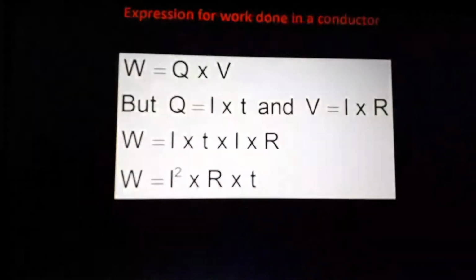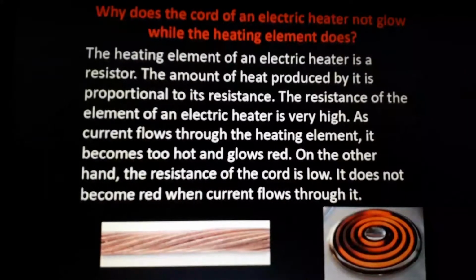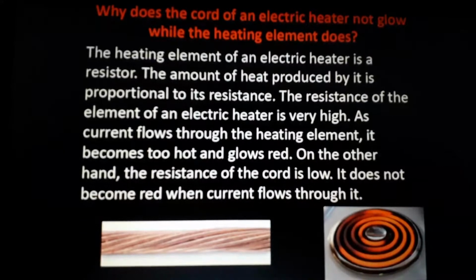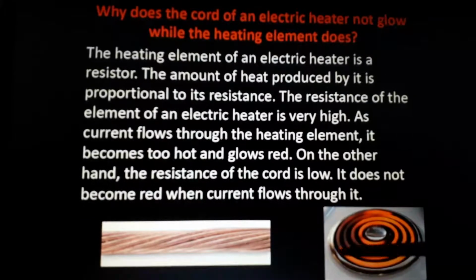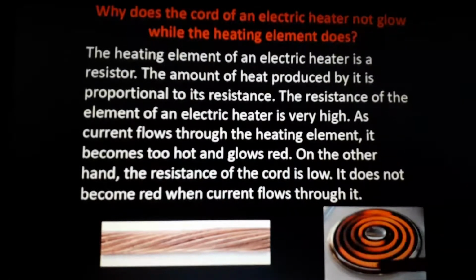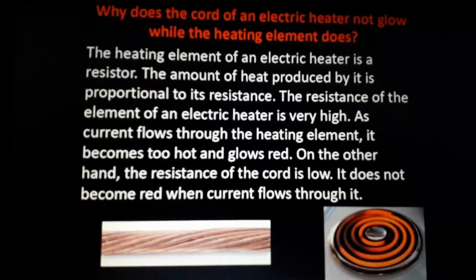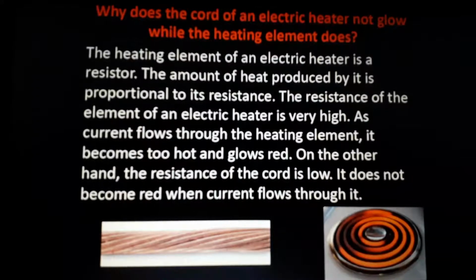The last one is about what? It is about the electrical iron. Mostly we use a nichrome coil, and this coil becomes red hot when current is passed through it, and this heat generated is transferred to the metal plate at the bottom of the iron box. When that metal plate is hot, we use it to iron our clothes.